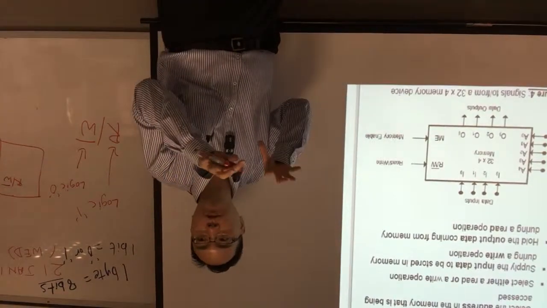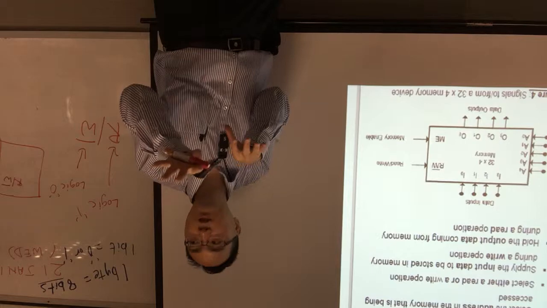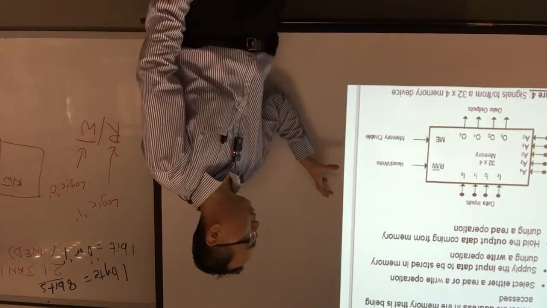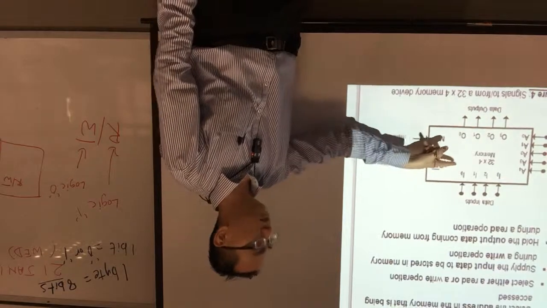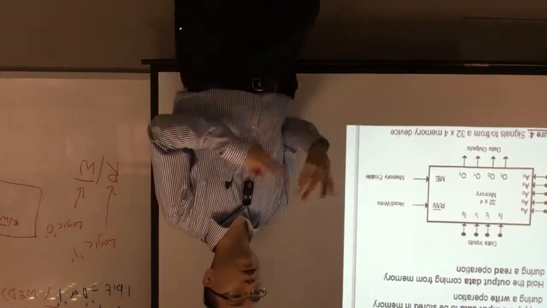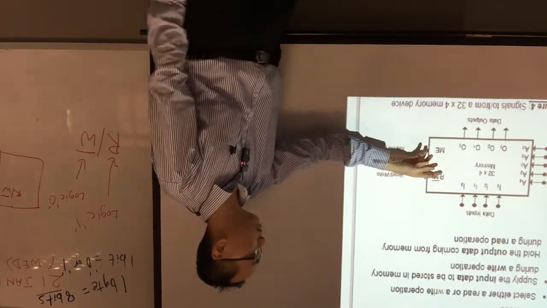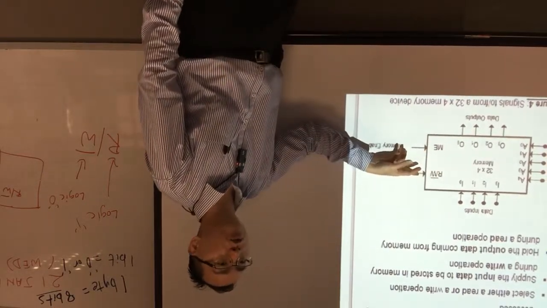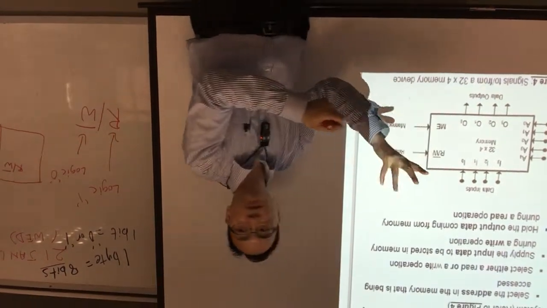This must be integrated with the other peripherals, CPU and stuff. So whenever the CPU issues a high state, you are telling the memory to get ready. Hey, I've got a signal from the CPU, logic high here. I know he's going to read from my memory, so I get ready to provide some information.